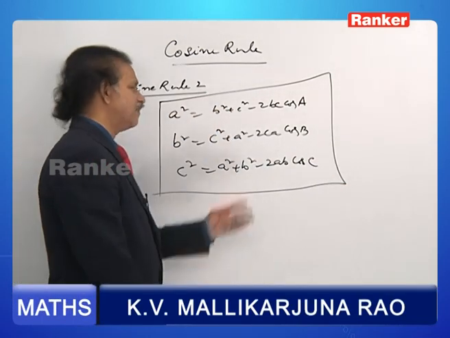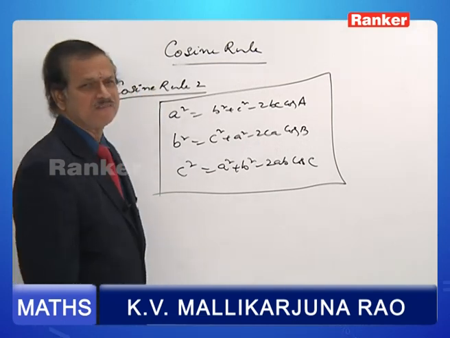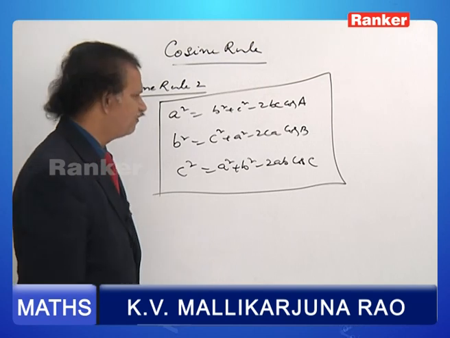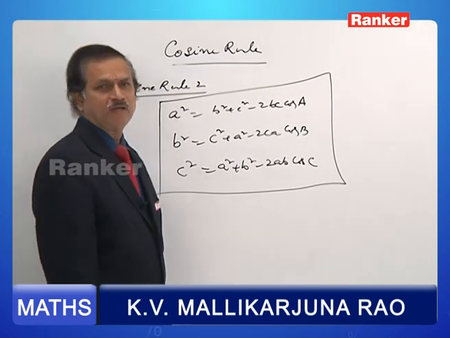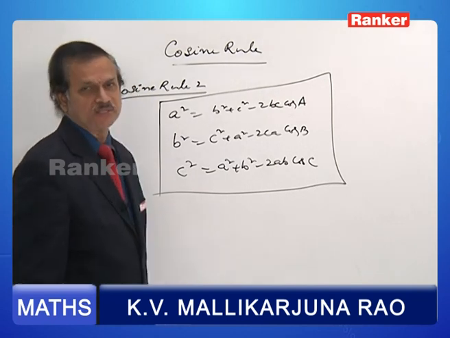The proof of this result is a combination of 5 to 6 steps, and everybody knows about them. This is what we say about cosine rule 2 or simply cosine rule.